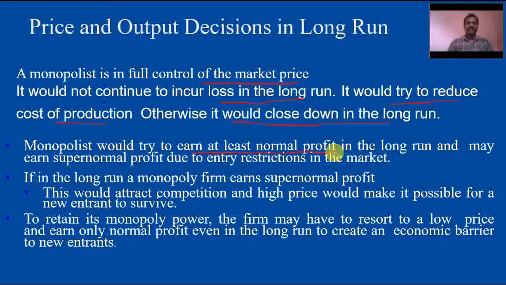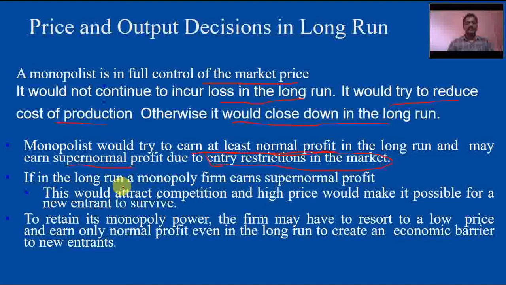So a monopoly tries to earn supernormal profit. Why? Due to the restrictions, the entry barriers in the market. If the entry barriers are there, no one would enter the market. So that leads to supernormal profit.